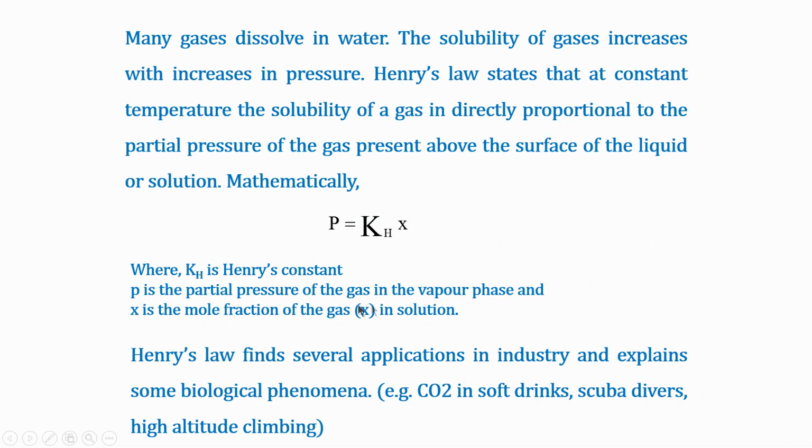So, the partial pressure of one gas is only the pressure exerted by one particular component of a gaseous mixture. So, in Henry's law, coming back to this, P is the partial pressure of that gas in the vapor phase, that is above the liquid surface, and X is the mole fraction of the gas.